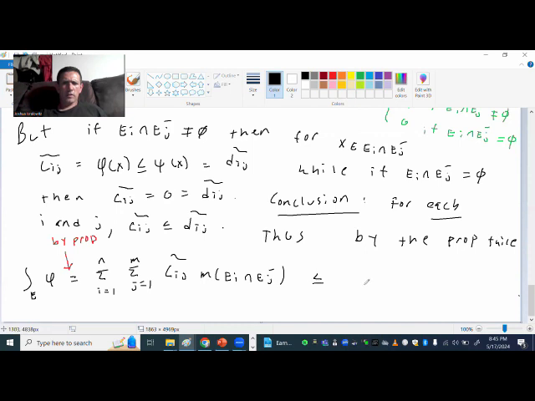So trivially, this is less than or equal to the following. It's the exact same sum, just replacing c_ij tilde with d_ij tilde. And we're basically now done.